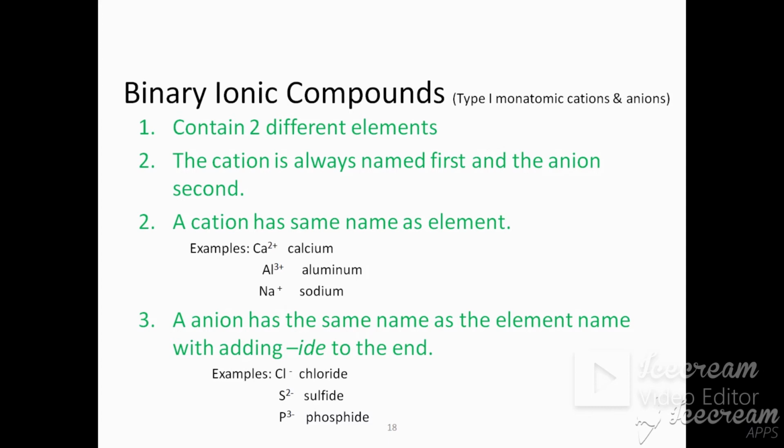An anion has the same name as the element with IDE added to the end. Examples: Cl- is chloride, S2- is sulfide, and P3- is phosphide.